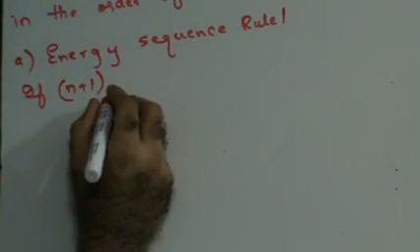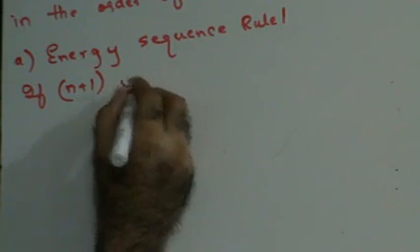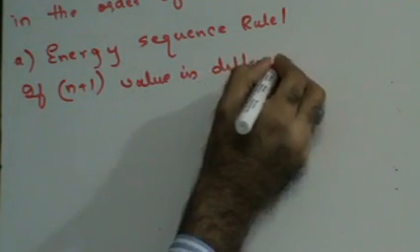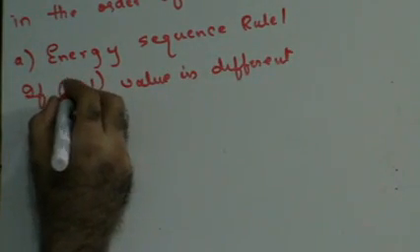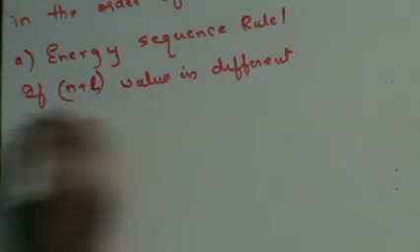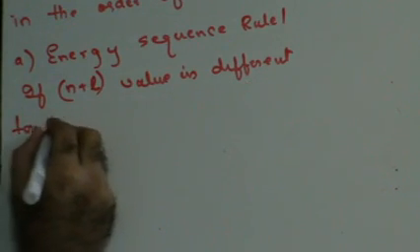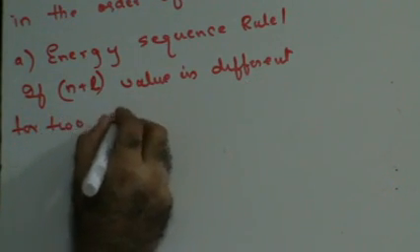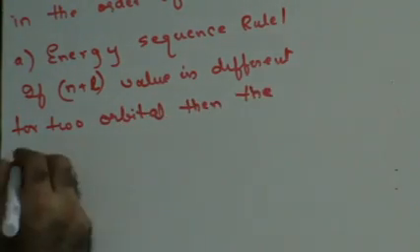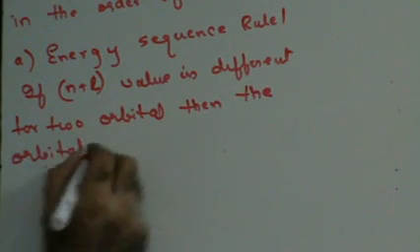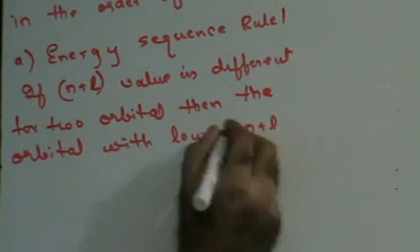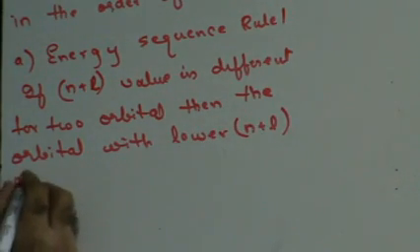If the n plus l value is different for two orbitals, then the orbital with lower n plus l gets filled first.